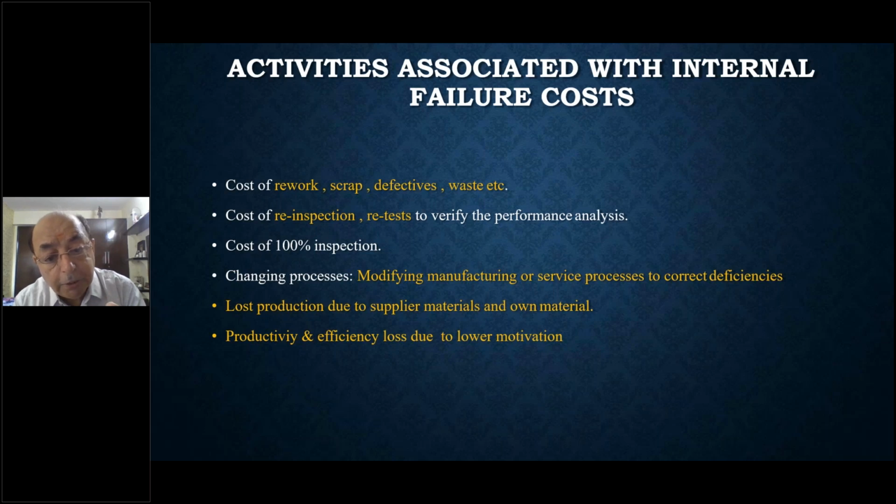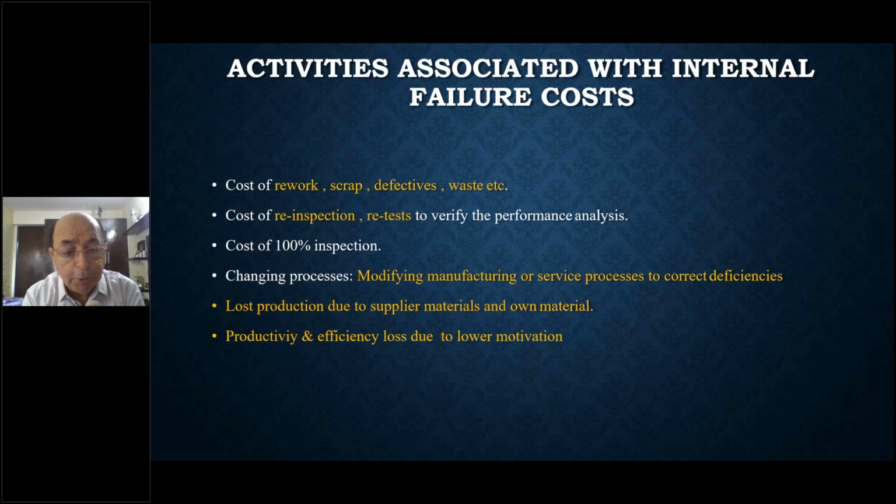When you make a statement of cost of non-conformance, I always say it's a guesstimate. It's not even an estimate. The accounting people should not call it an estimate; you should say it's a guesstimate. It may not be 15%, it may be 14% or 16%, but that's significant enough to focus on and improve further.